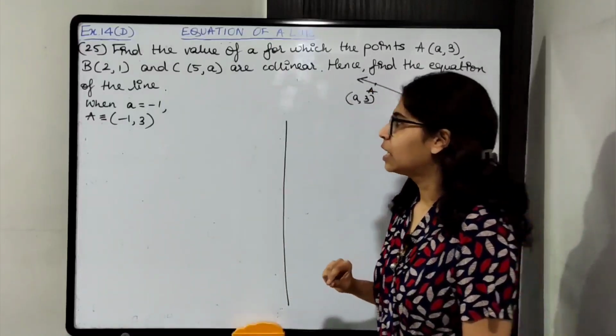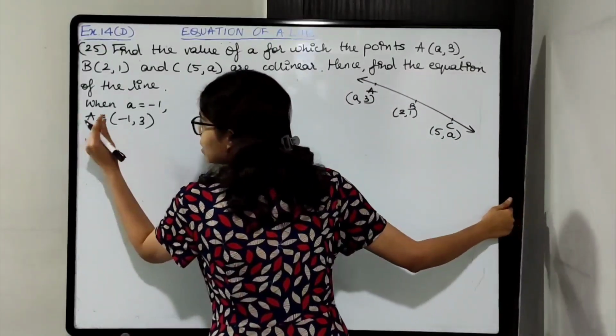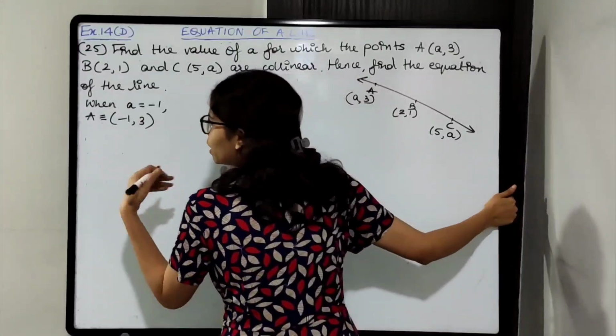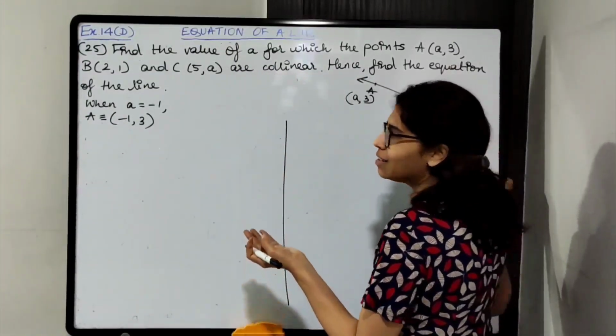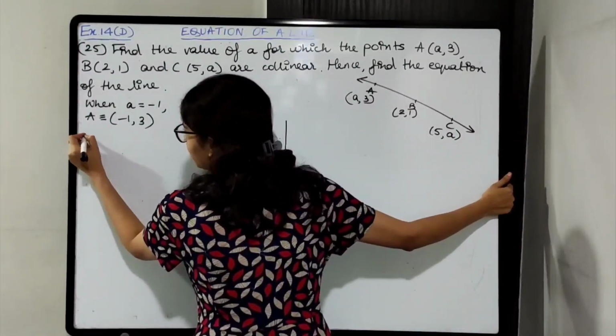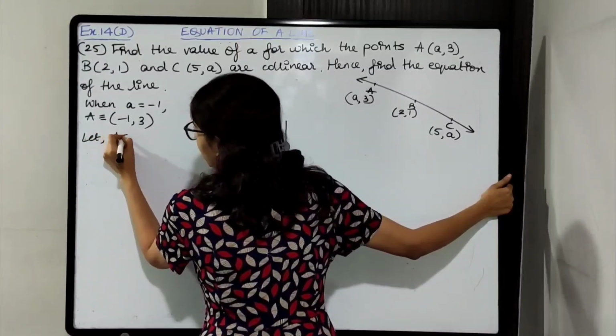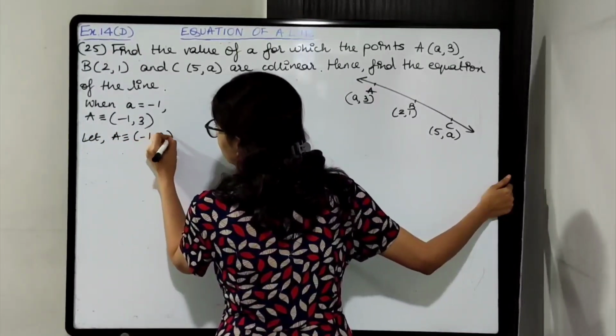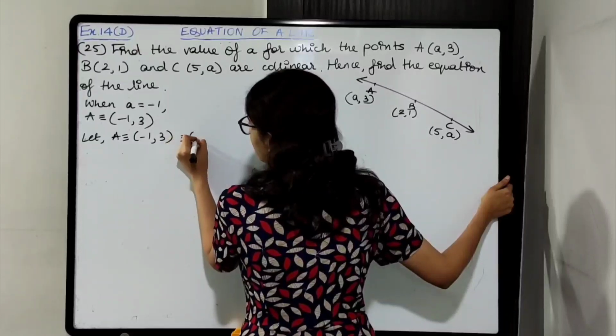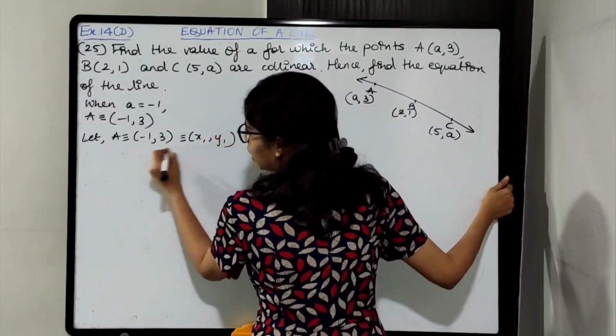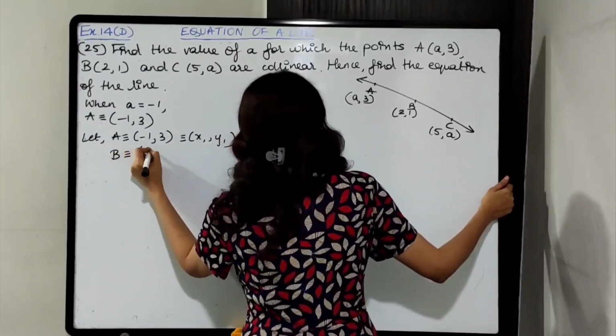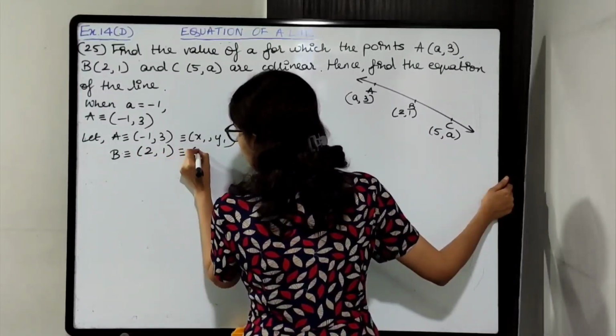Now I am considering A and B. Alright, you can consider B and C or A and C to find the equation of the line. So let A minus 1 comma 3 be x1 y1 and B 2 comma 1 be x2 y2.